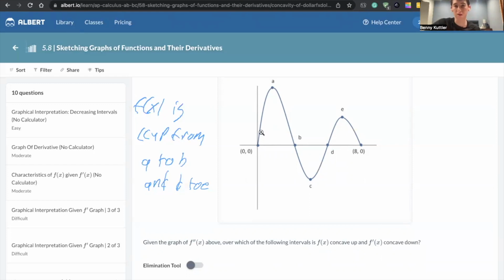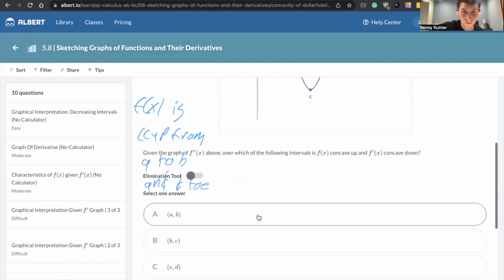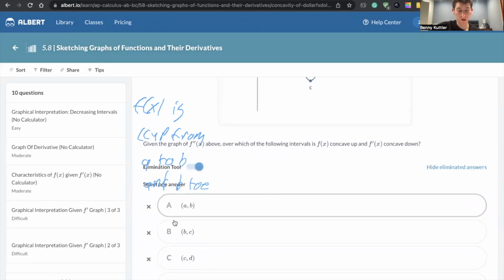So the derivative of f prime is decreasing. That's going to be whenever this is negative and decreasing. I think let's go to our answer choices. So we know f of x is concave up, which answers half of our question, from A to B and from D to E. That looks like toe, but that is D to E. So we can cross out anything that's not one of those.